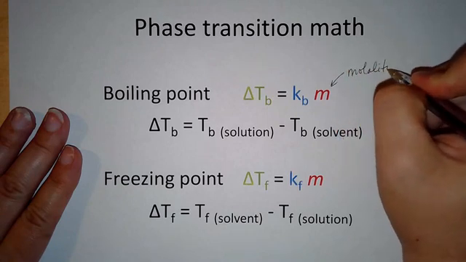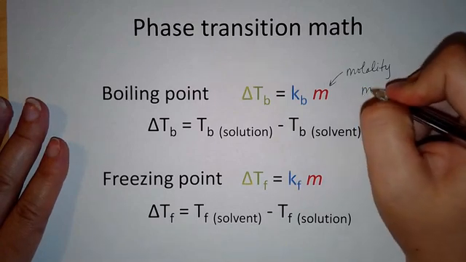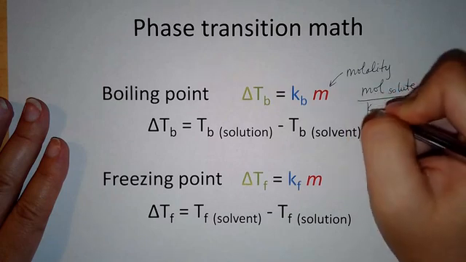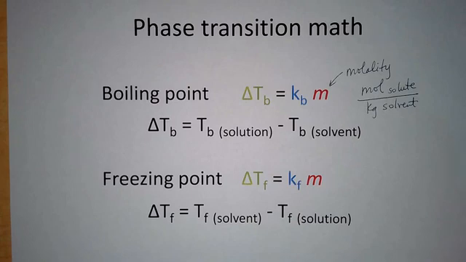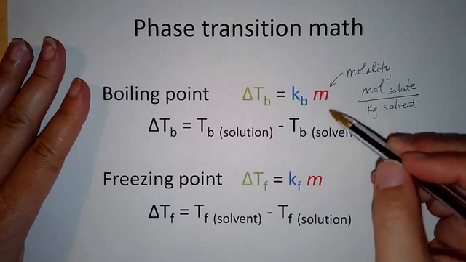This is our concentration unit, which is moles of solute per kilogram of solvent. Remember these concentration units. It's a little different from molarity. It's not mole fraction. So for freezing point and boiling point equations, we're going to look at molality.